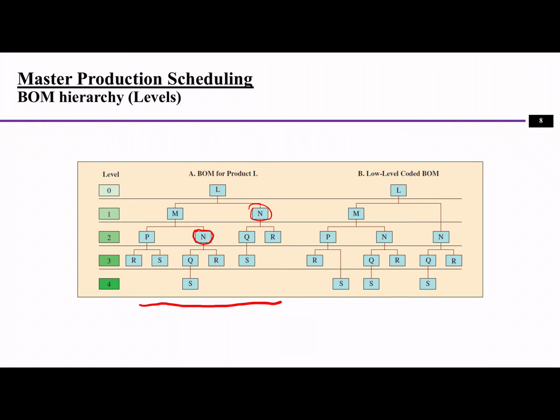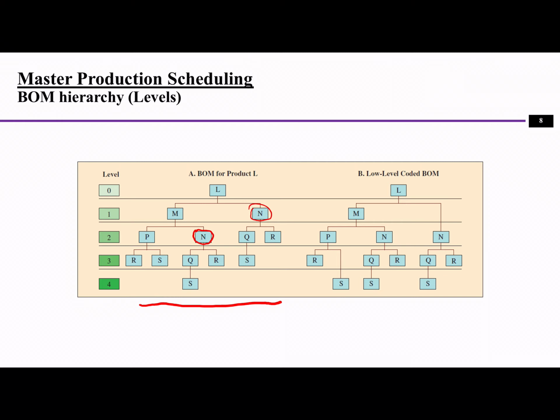Because it's the same part, the same number, but they are in 2 different levels, sometimes they can get confused, especially when you are using a computerized program or system. You won't have the same code or same number for parts with the same name. So that's why a lot of times we put them into the same level, right?